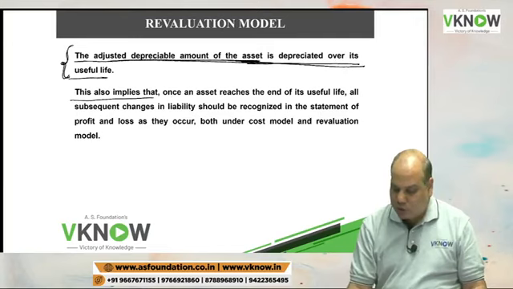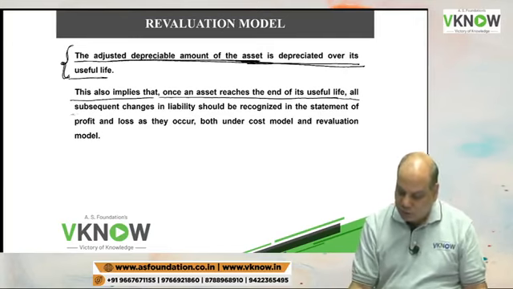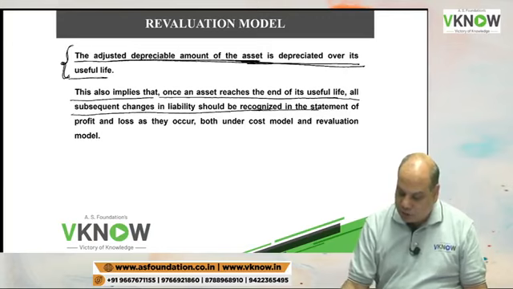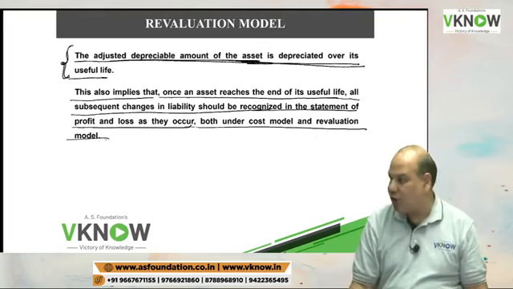This also implies that once an asset reaches the end of its useful life, all subsequent changes in liability should be recognized in the statement of profit and loss as they occur, both under cost model and revaluation model.